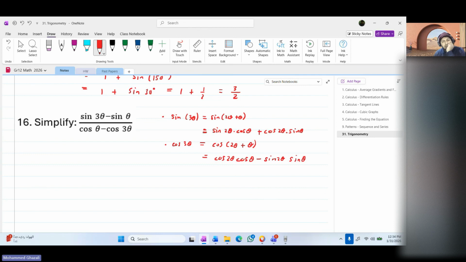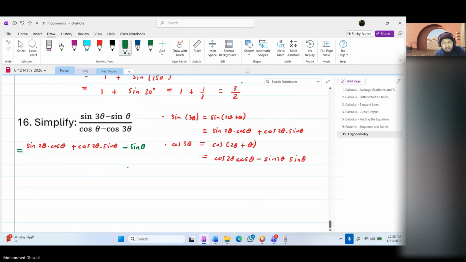All right, so that's what we have on the numerator with a minus sine theta, and I don't know what this is going to simplify to, but let's check. On the numerator we got this part here, and we have a further minus, don't forget to minus the sine theta.